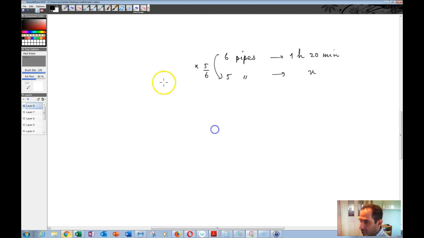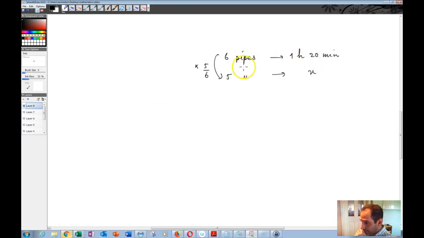So since it's a case of inverse proportion, originally you had 6 pipes, and with 6 pipes it takes you 1 hour and 20 minutes to fill this tank.